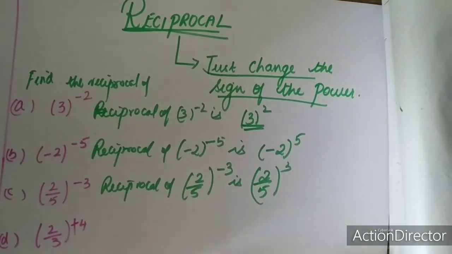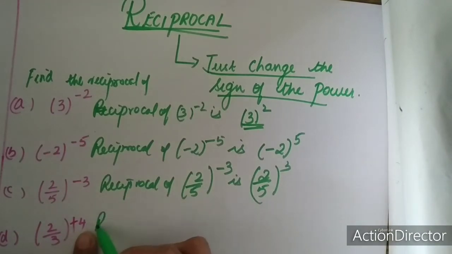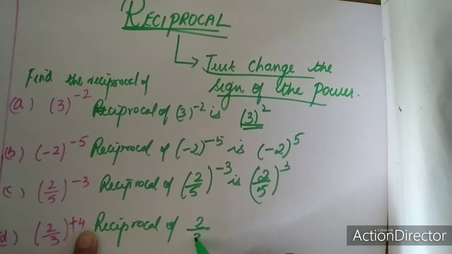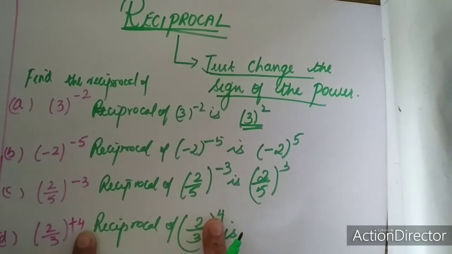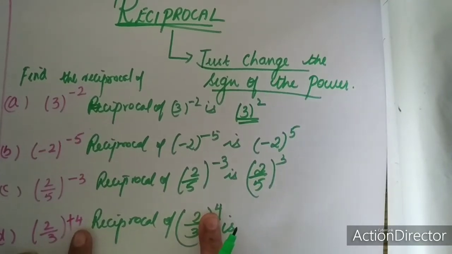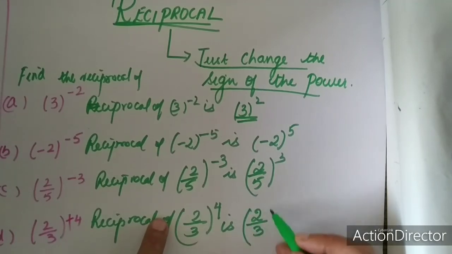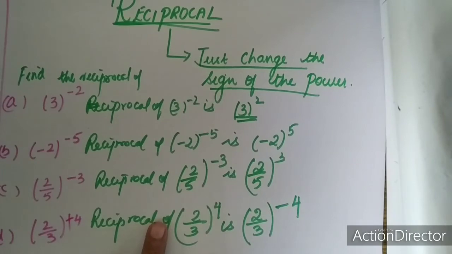One more example, 2 upon 3 whole raised to the power of 4. So reciprocal of 2 upon 3 whole raised to the power of 4 is, opposite sign of 4 is minus 4. So I can write 2 upon 3 whole raised to the power of minus 4.